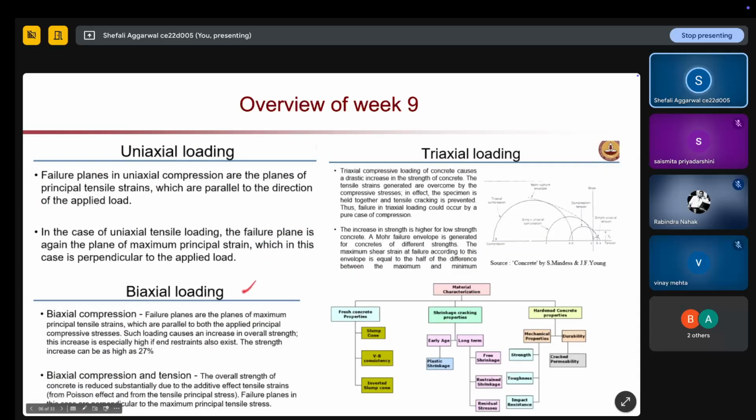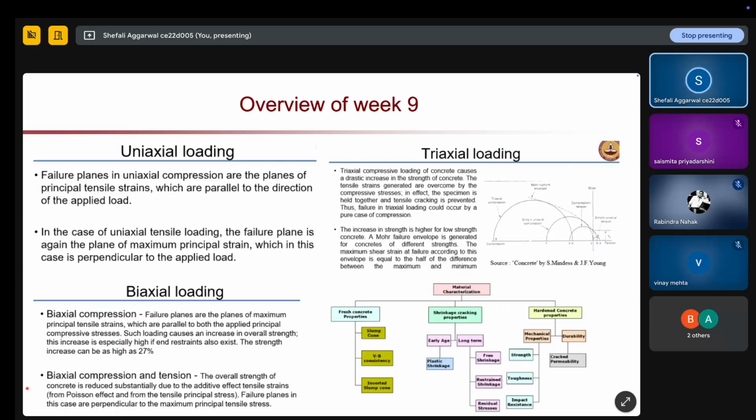Next is biaxial loading. First is compression. In compression, your failure planes are the planes of maximum principal tensile strain, which are parallel to both the applied principal compressive stresses. Such loading causes an increase in overall strength. This increase is especially high if end restraint also exists.